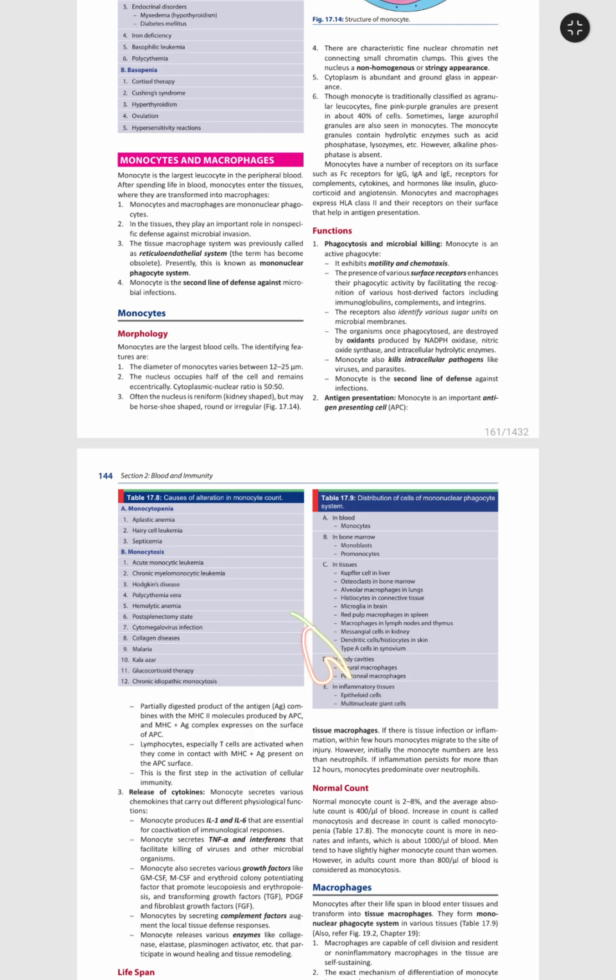Glucocorticoid therapy, it increases monocytes, whereas basophils and eosinophils decrease.